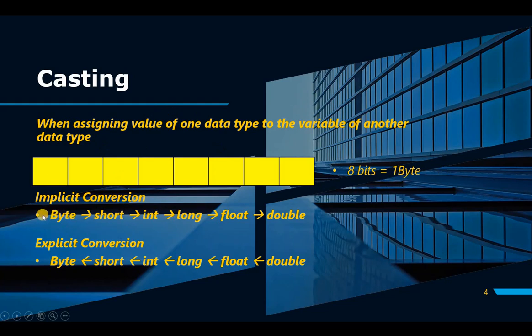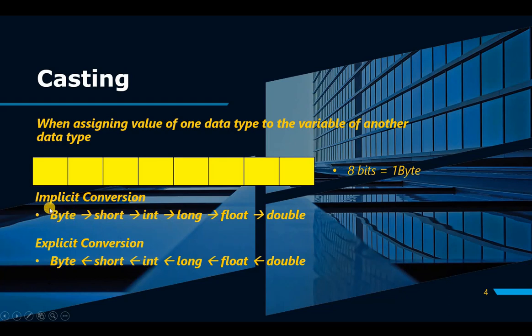So in implicit conversion, when I'm trying to go from byte to short to int, a byte is just 1 byte. Short is 2, int is 4, long is 8, float is 4, and double is 8. If I'm trying to go from byte to short, I have 1 byte and I'm trying to go to 2 bytes.